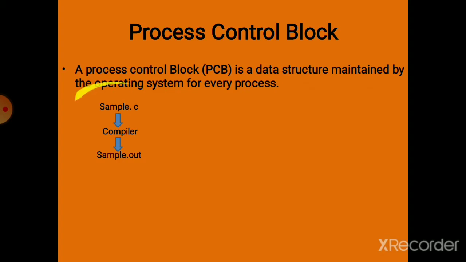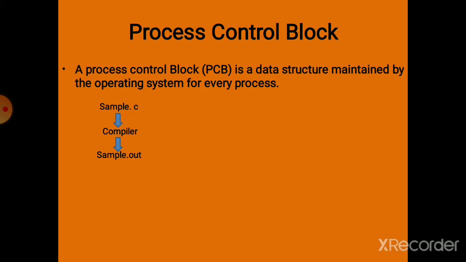What will the compiler do? It will convert the high level language to the low level language. The program written in C is high level language, and that is supposed to be converted into low level language. Low level language is nothing but machine language.